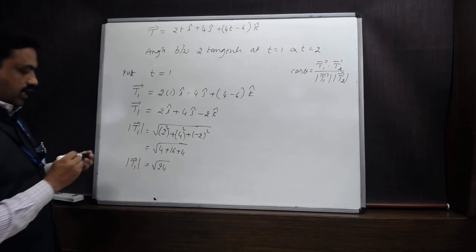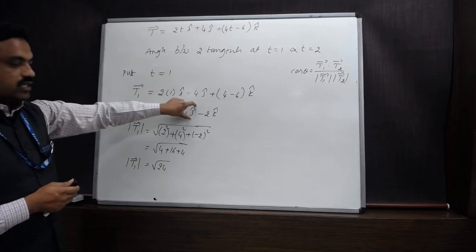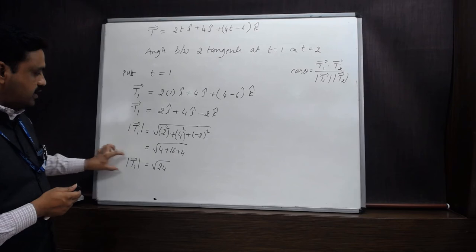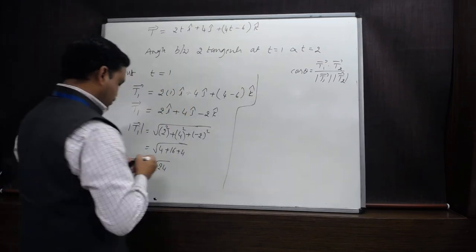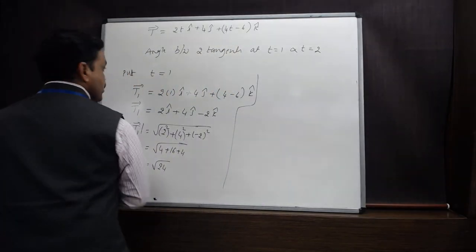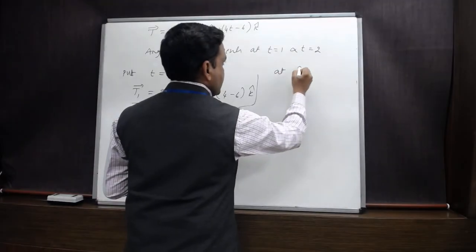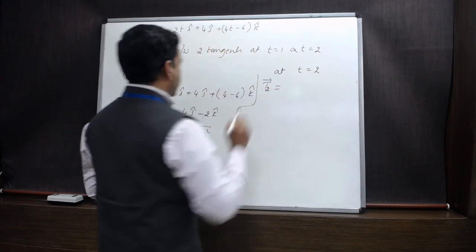So this is at t is equal to 1, the first tangent vector T1 and its magnitude. Similarly, at t is equal to 2, you take this as the second vector T2.